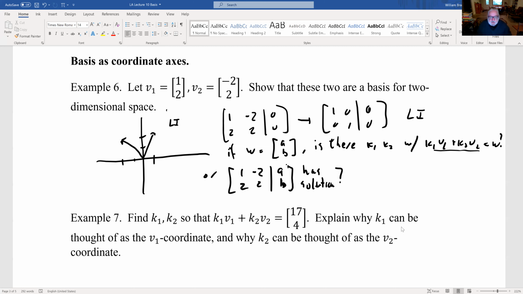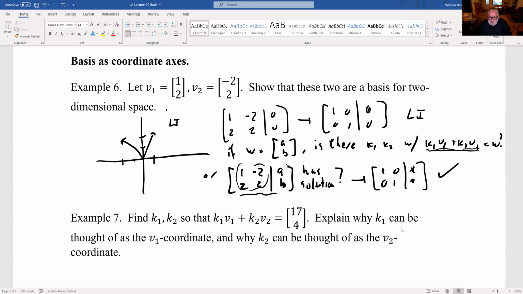Or if we take this augmented matrix, this vector equation turns into the question: does this augmented matrix have a solution? We already know because these are linearly independent, if we reduce this, we'll get 1, 0, 0, 1, and some number here and some number here. And so there is a solution.